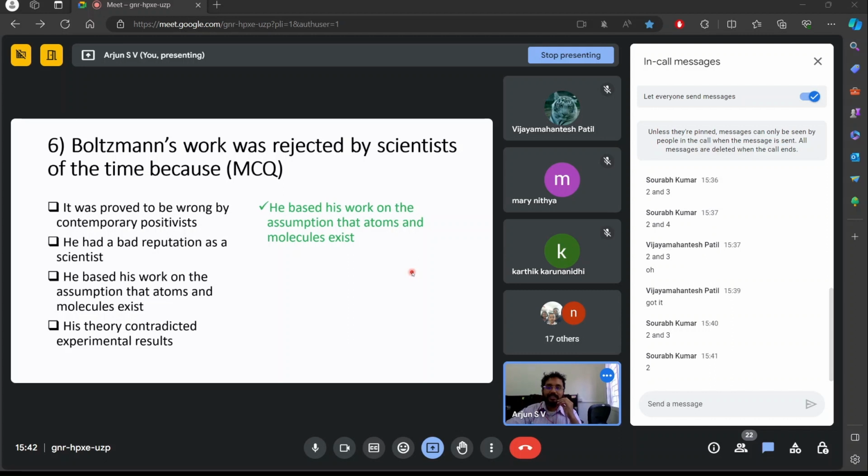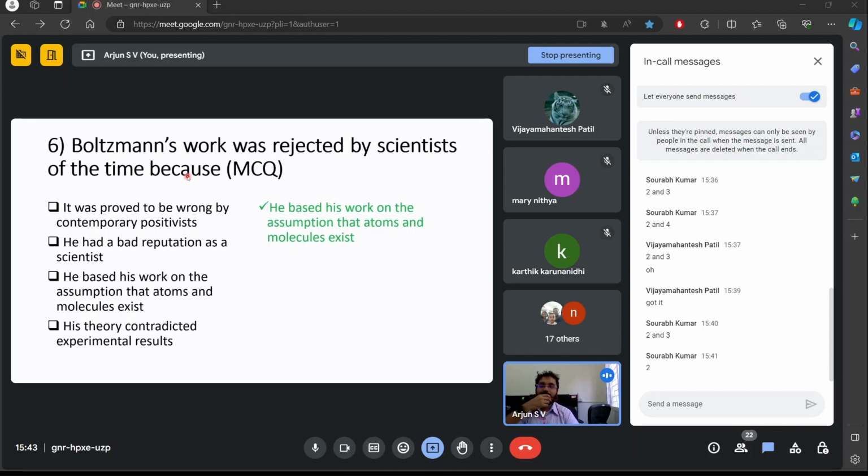Actually, in this question, I also think that option 1 could be a more fitting answer as well. The reason I didn't take it into consideration is that it seemed repetitive: the question itself says Boltzmann's work was rejected by scientists of the time. But I would say the answer is 1 and 3 as well.